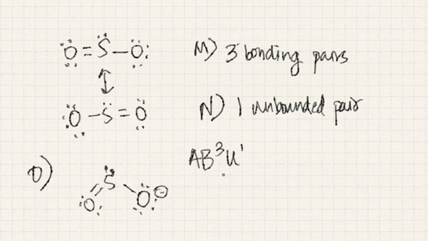And so let's draw. Is there going to be dipoles? Yes, there will be dipoles, right? Because there's an electronegativity difference between oxygen and sulfur. And so which is going to be the more electronegative atom? The oxygens, right? So let's look at the dipoles.